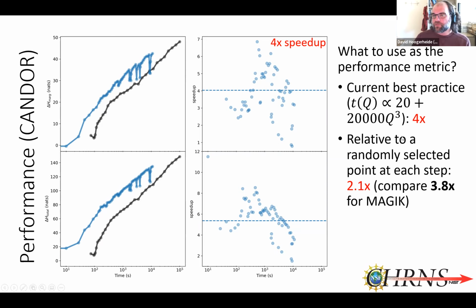However, if you look at the performance relative to this randomly selected point in the figure of merit, you only get about a factor of 2 compared to about a factor of 4 for the monochromatic reflectometers. And this has to do with the fact that even if you're measuring at your optimal point, you're also measuring some points around that, to the sides of that, that may not be quite as optimal. So you don't expect it to do quite as well for a polychromatic instrument as for a monochromatic one.